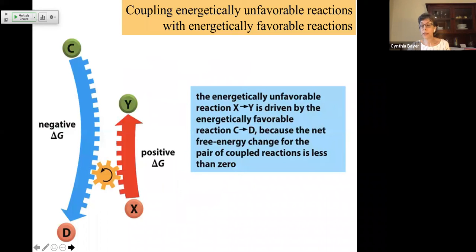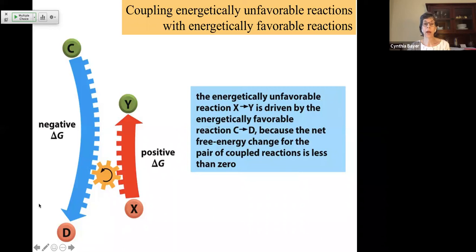If the cell needs a reaction, X converted to Y, this non-spontaneous reaction, right? X is lower free energy, Y is higher free energy. How does the cell drive this energetically unfavorable reaction?